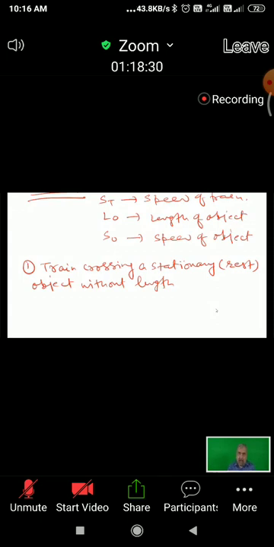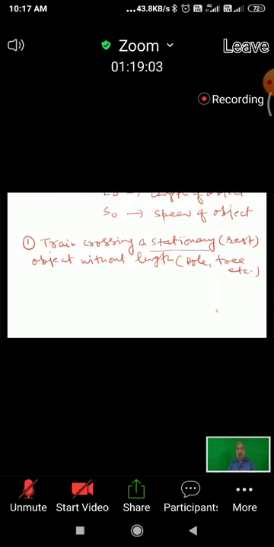Suppose a train is crossing a pole. So the length of the pole is negligible with respect to the train. Length, not height. So the length of the object is negligible with respect to the train. So here I have written: train crossing a stationary object without length. The pole is standing, the pole is at rest, the pole is stationary. So objects like, I am writing, a pole, tree, etc.